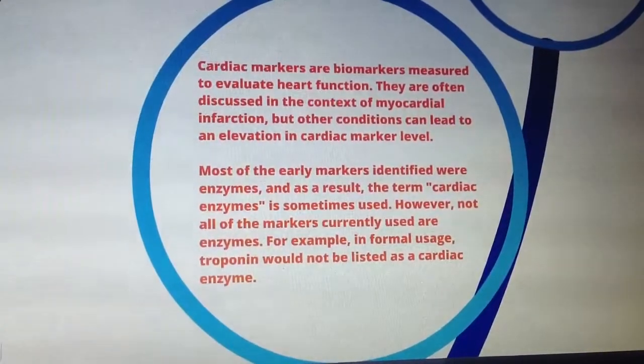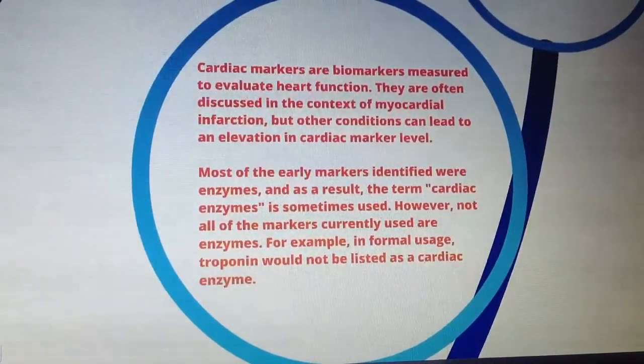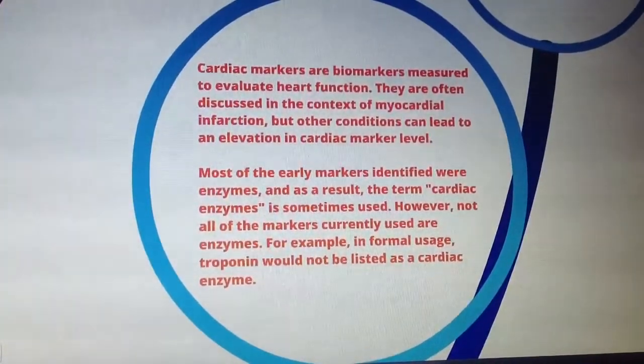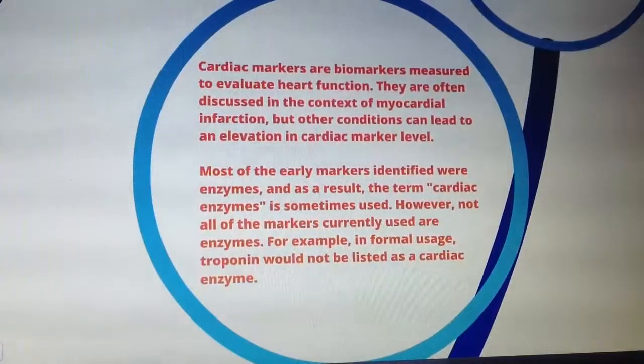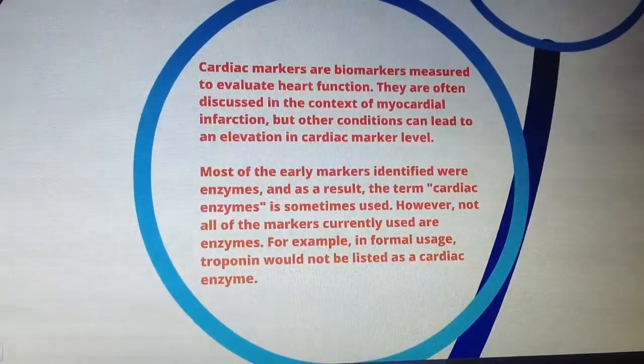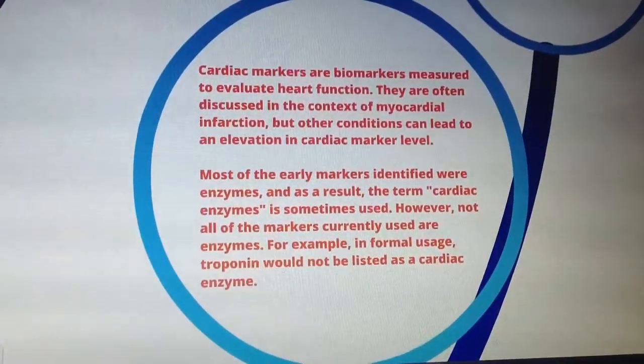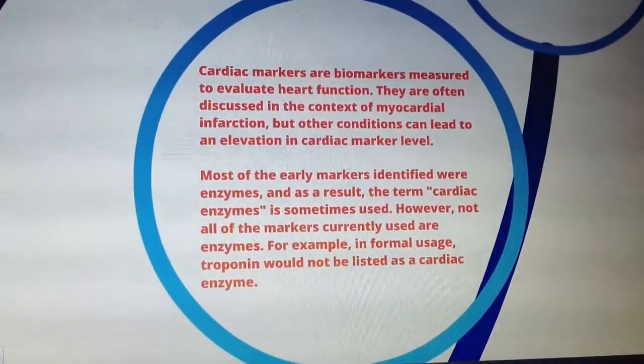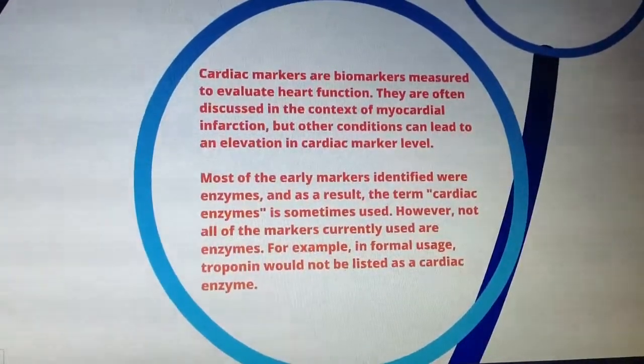Most of the early markers identified were enzymes, and as a result, the term cardiac enzymes is sometimes used. However, not all of the markers currently in use are enzymes. For example, in formal usage, troponin will not be listed as a cardiac enzyme.